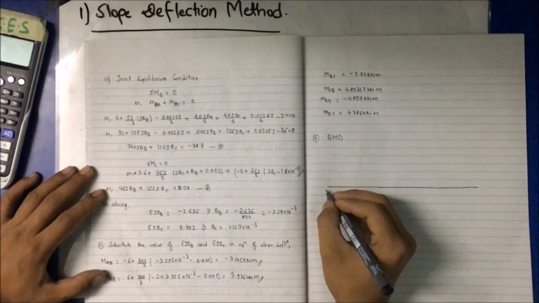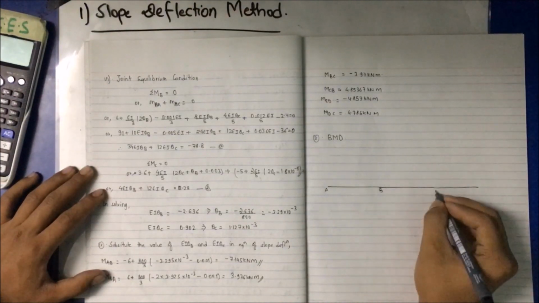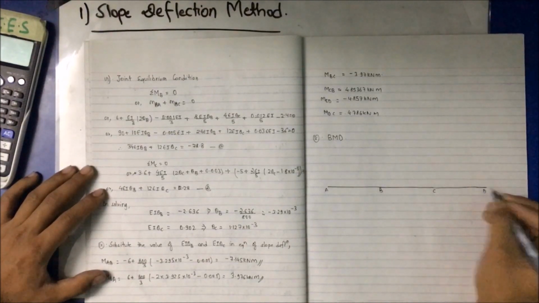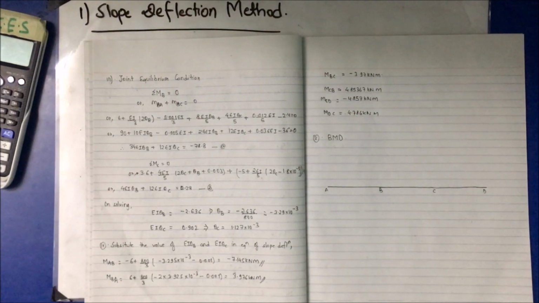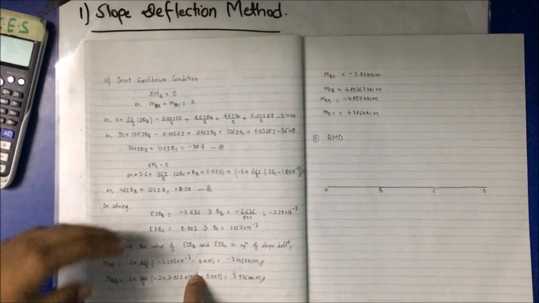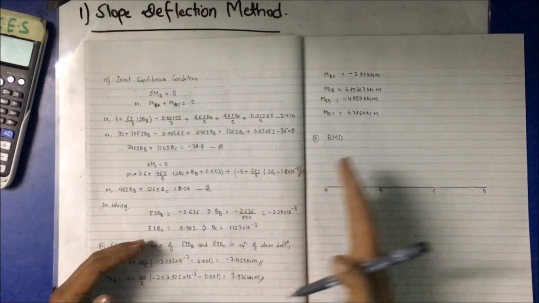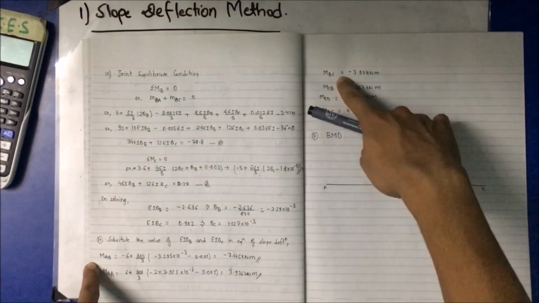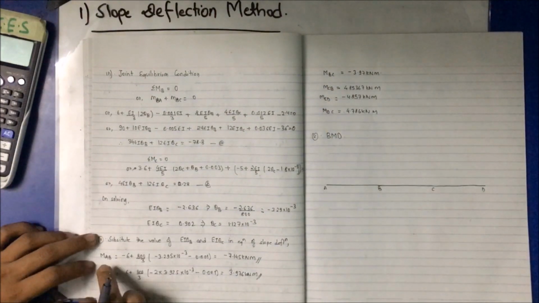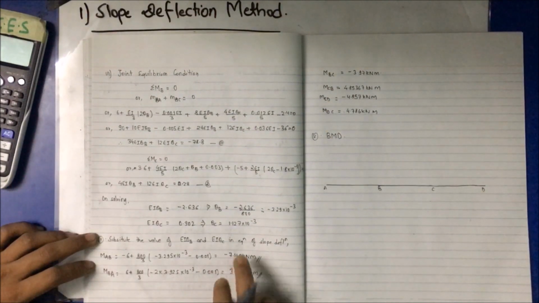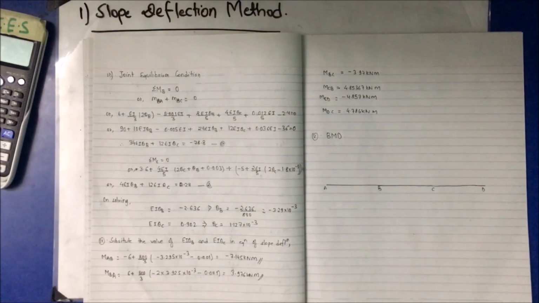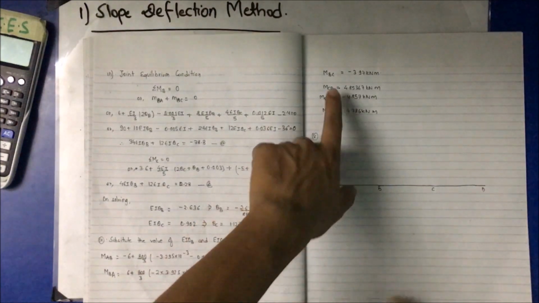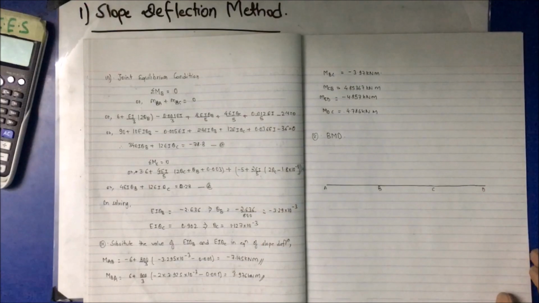You are provided with this A, B, C and D. For MAB, we are moving from left to right, so always choose the left to right portion only. So that is MAB, MBC, MCD. MAB has a moment of minus 7.1425, considering upward positive.